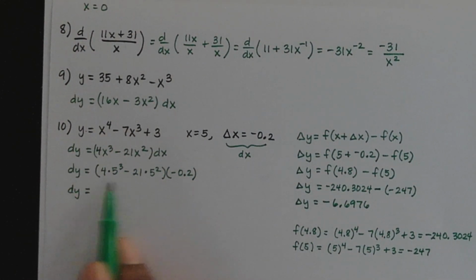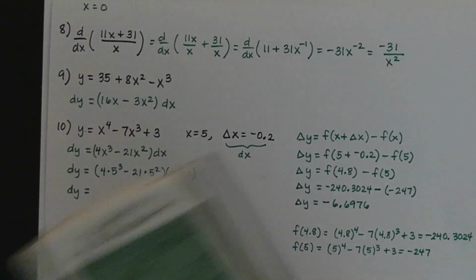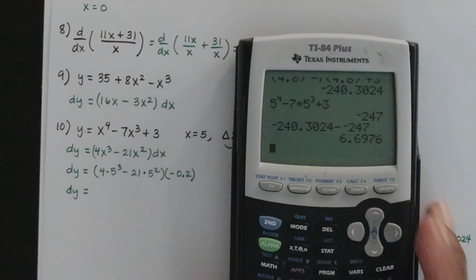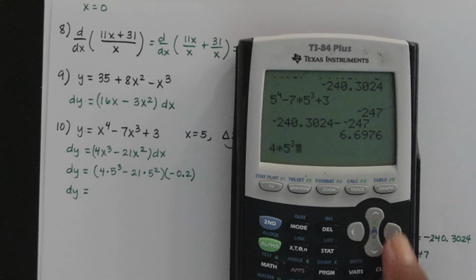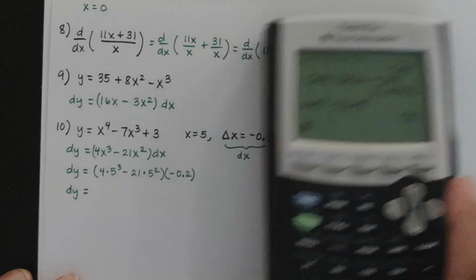Let me simplify what's inside this first parentheses here. Let's see, 4 times 5, and that's cubed, minus 21 times 5, and that's squared. That's negative 25.